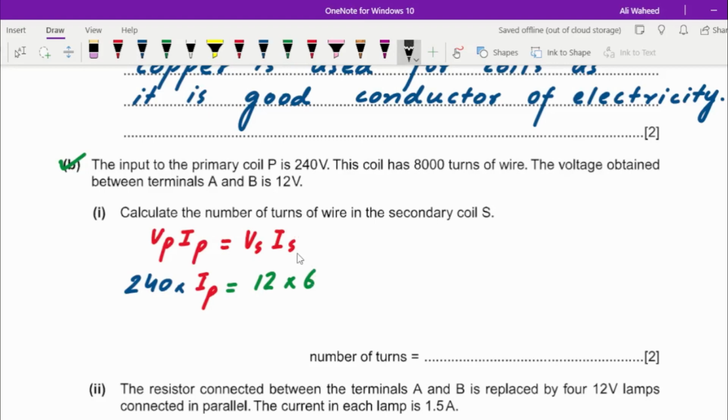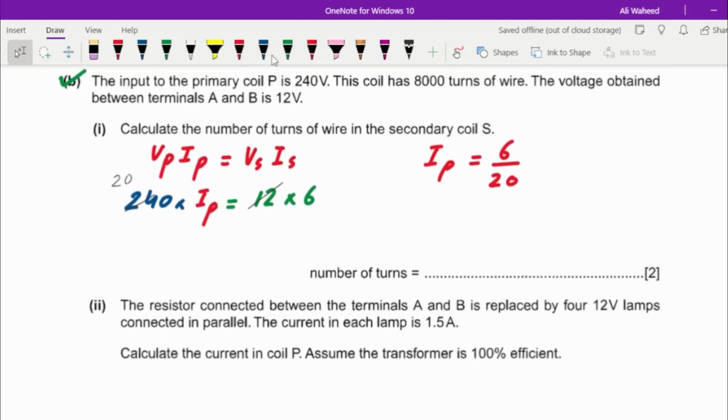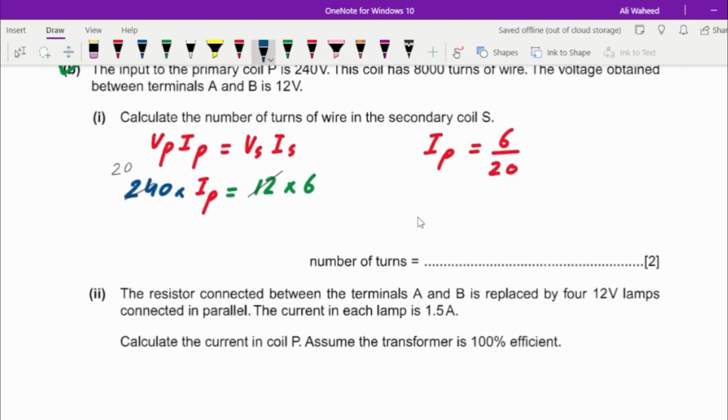Now we can do some cancellation: 12 twos are 24, so you're left with 20 here. So Ip equals 6 divided by 20. Then you hit it on the calculator. We get 0 point something, 0.3.